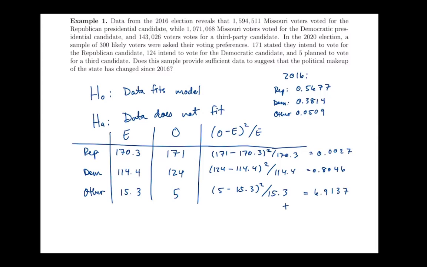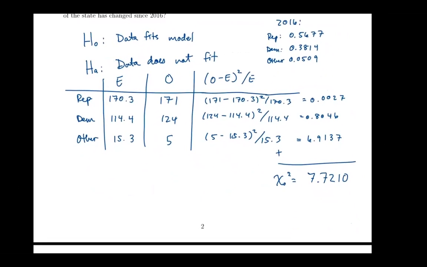Our test statistic, which we'll call chi-naught squared, is the sum of those values. If we add them up, we end up with 7.721. So that's going to be our test statistic.